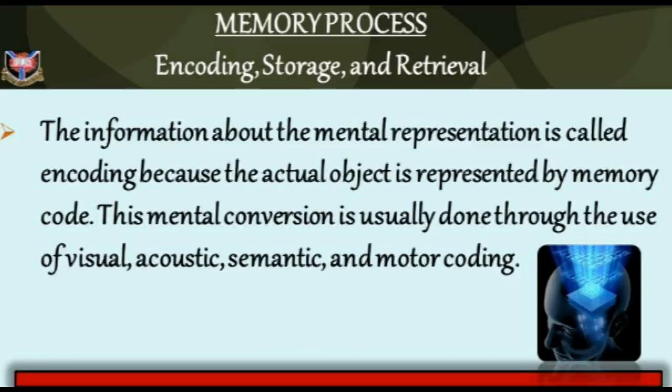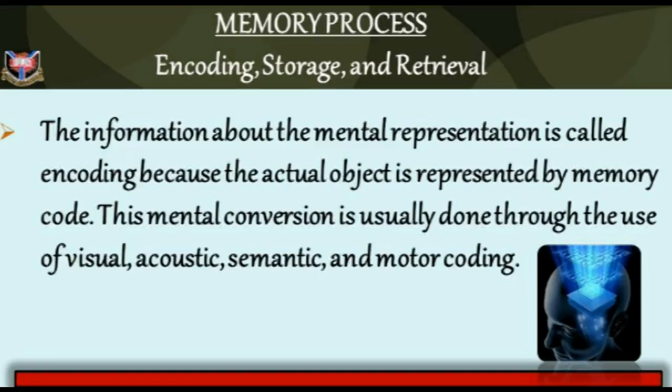Information about the external world reaches our senses as physical and chemical stimulation. When this information is encoded, it is converted into psychological formats that can be mentally represented. This mental conversion is usually done through the use of visual, acoustic, semantic, and motor coding.